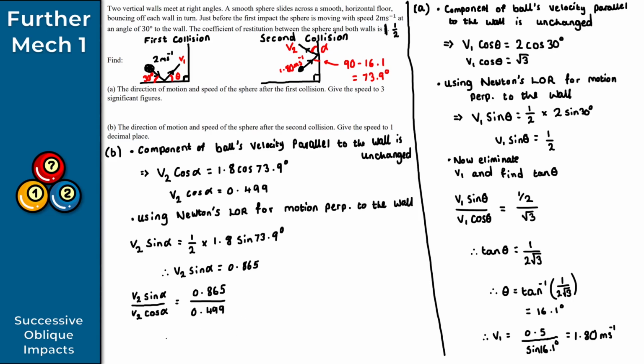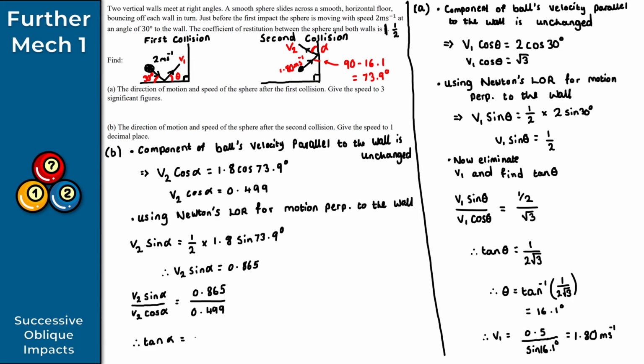If we evaluate this, what I get is tan alpha, and I said tan theta earlier, but it's tan alpha here because we're using alpha. Put this into your calculator. It's pretty much just going to double, because I'm dividing by essentially 0.5.